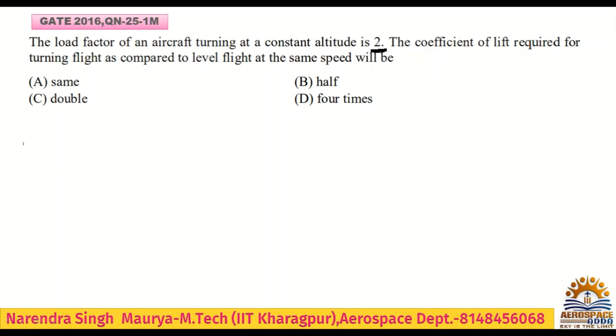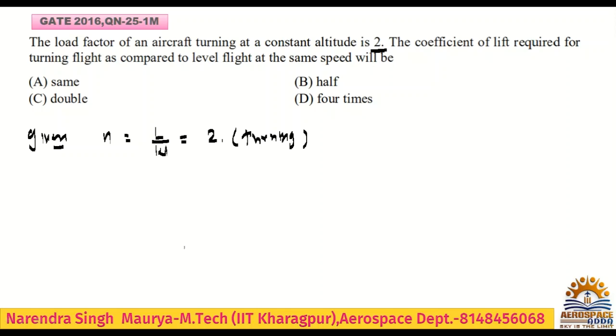Here, the data given: first we'll write N, the load factor during the turning, L by W, is nothing but 2. Only in turning flight will the load factor be greater than 1.